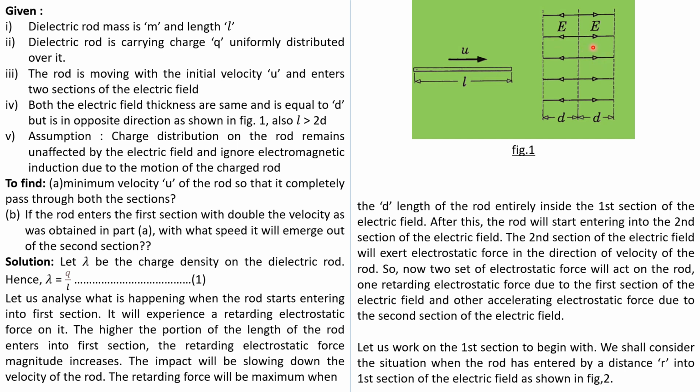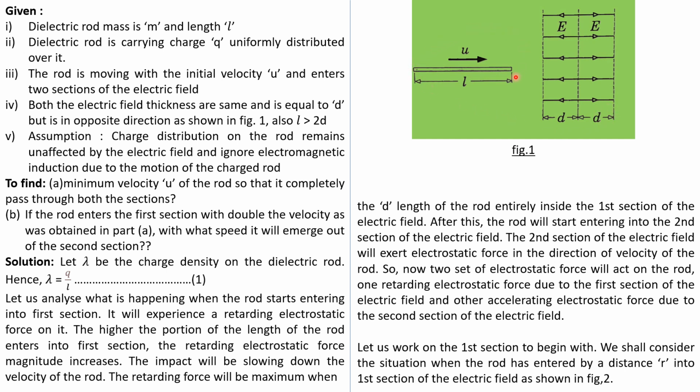In the second section it is towards the direction of velocity of the rod. And the field width is d for each of the fields. For the first section it is d, for the second section also it is d.